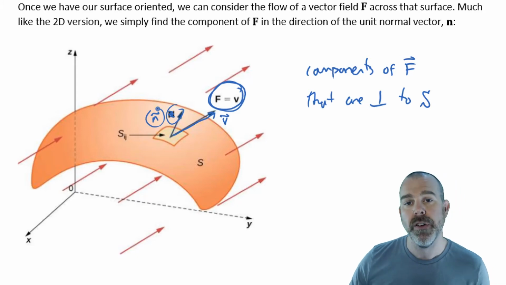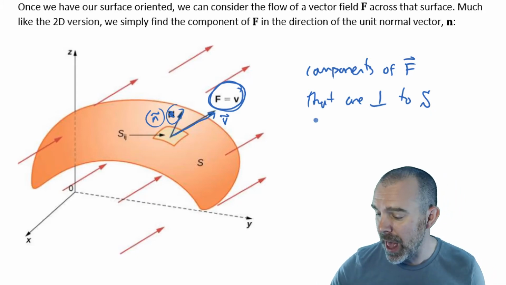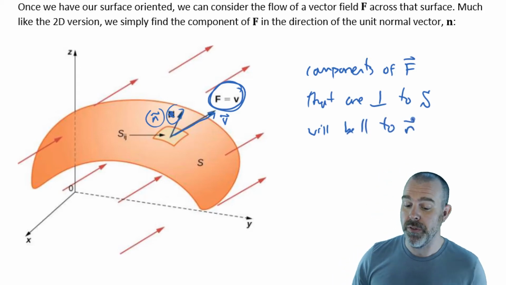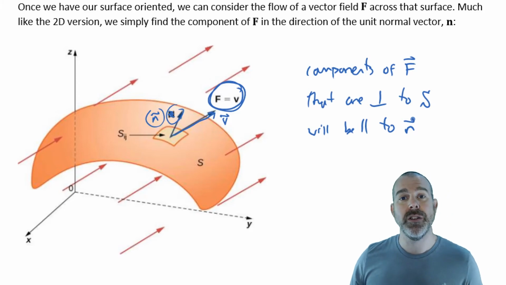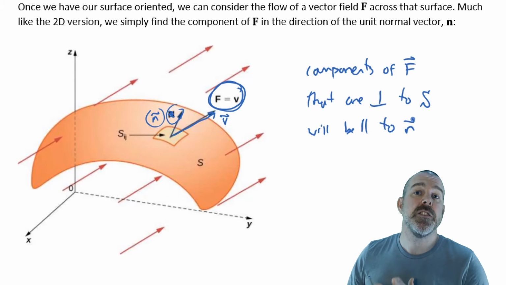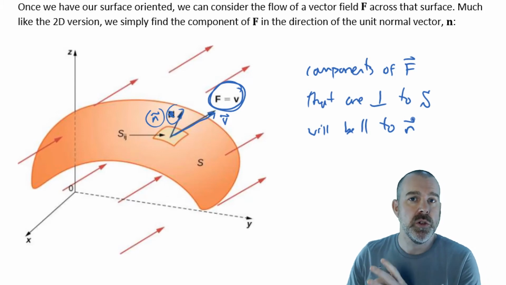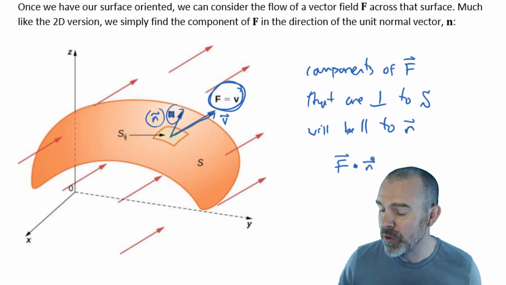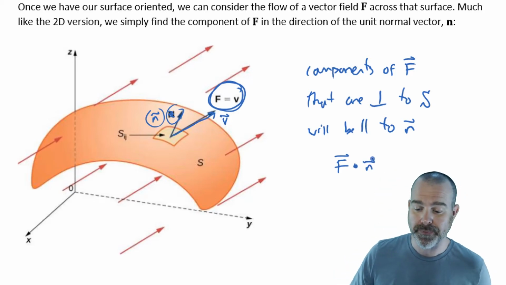So the components of the field that are normal to S will be parallel to n, that normal vector. If we want to find the component of the vector field that is perpendicular, normal to the surface, that would be the field dot product with that normal vector.